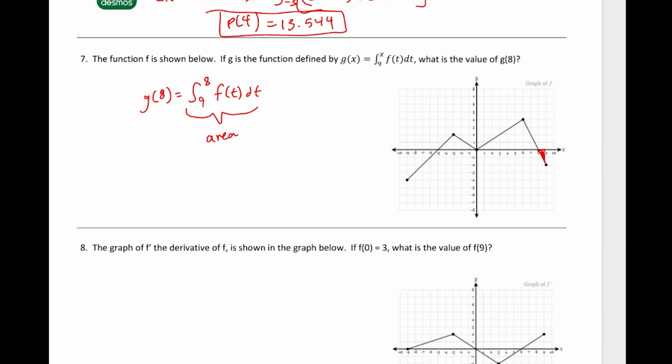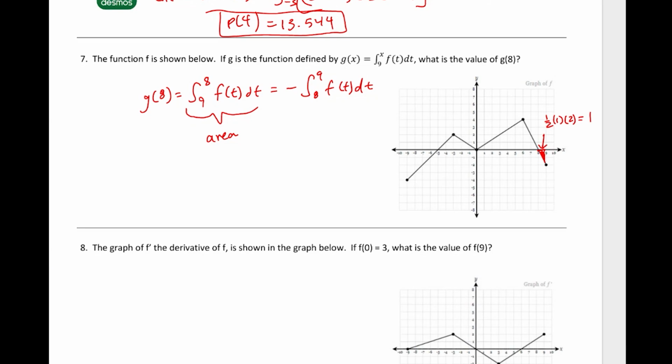But if we're going to look at these boundaries a little bit more closely, this is going to also be equal to the opposite of the integral from 8 to 9. So let's flip those so we get the correct answer here. Now the area here is 1 times 2 divided by 2, so half base times height, which is just 1.